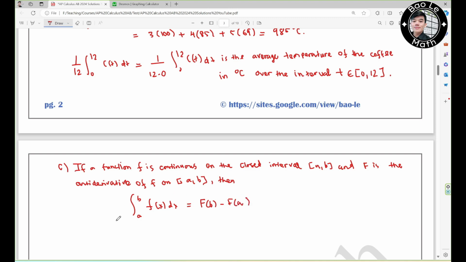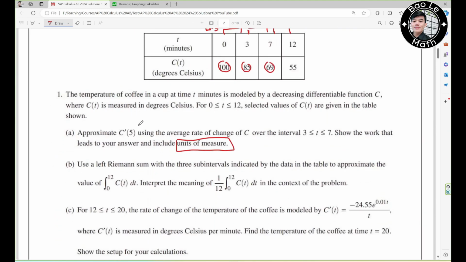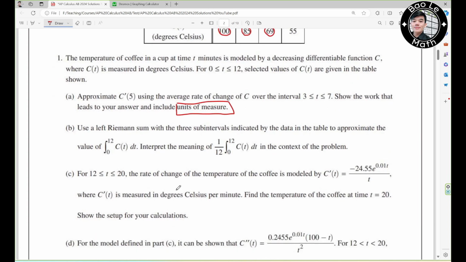Alright, so we look at this one right here. C prime is the derivative of C of t. t equals 20 right here, 12 and 20.